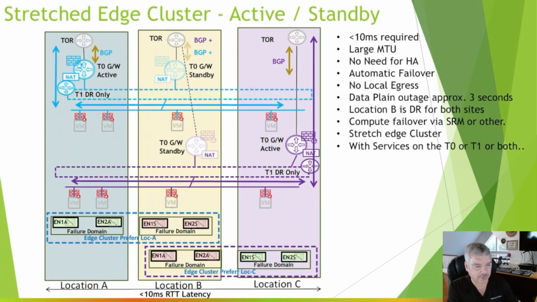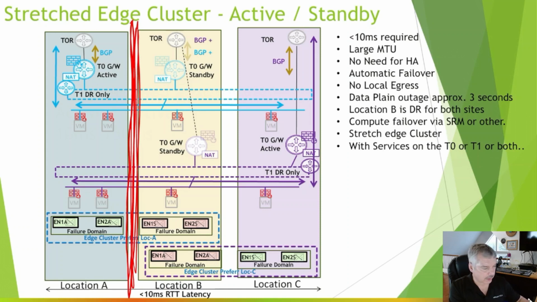Actually, before I do that, what happens if there's a split brain here? Let's say communication drops between location A and location B. Obviously, it's not going to impact the blue network, all the machines there going north and south. It's not going to impact them whatsoever. It will not impact communications on the blue network between location B and C, but obviously between location B and C and A, it won't work.